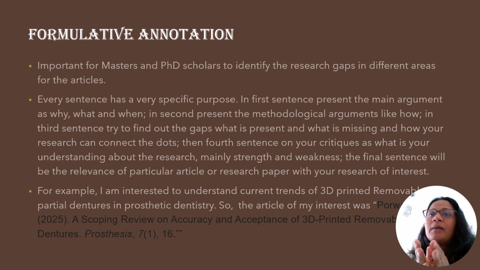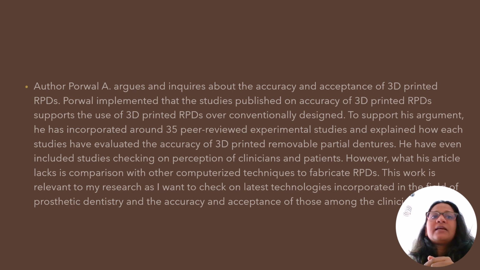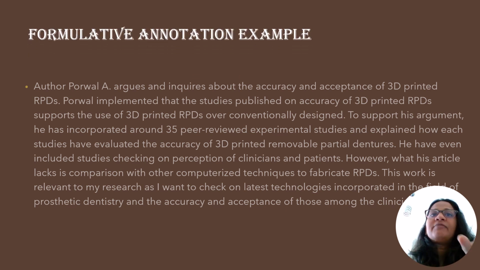So if I talk about the research area of my interest, I want to understand the current trends of 3D printed removable partial dentures in prosthetic dentistry, and the article of my interest I have cited in APA style. Here, in the example I have written how the author argues and inquires about the accuracy and acceptance of 3D printed RPDs, and what he has done: he has implemented peer-reviewed studies that have been published, and how they have supported the use of 3D printed RPDs over the conventional.